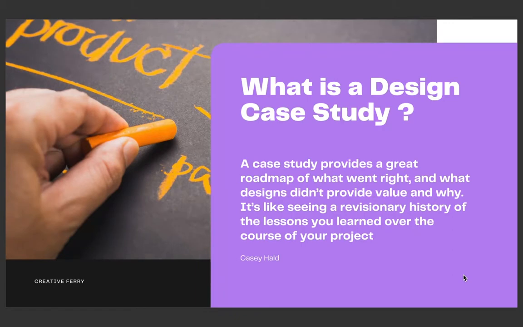You've completed a project, you're thinking back, and your case study helps you account for all the lessons you have learned over the course of the project. So let's take note of all of these definitions and have them at the back of our mind.